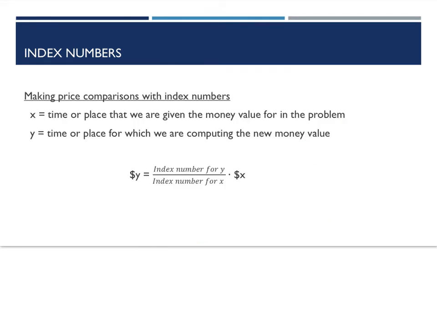Now the other thing I can do is compare costs. So instead of computing index numbers, I'm going to use the index numbers I already computed to talk about money. If I'm looking for the cost of something, in the problem, I'll be told the cost in one place, and I'm looking for the cost in the other place.